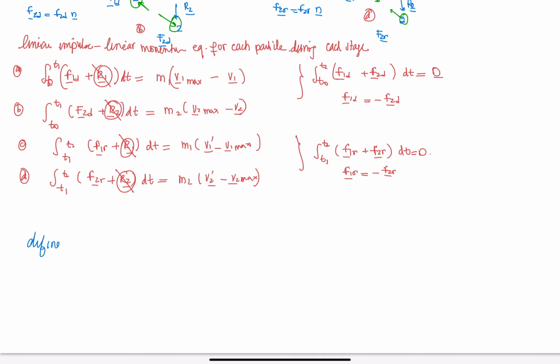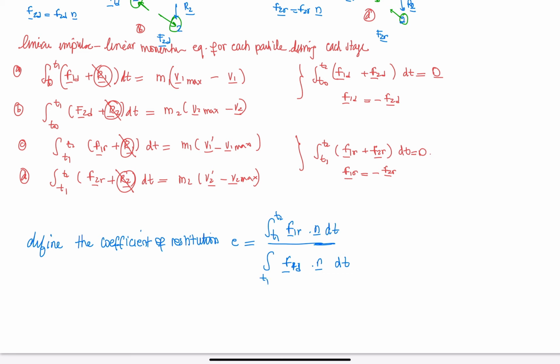Define a quantity, a scalar, the coefficient of restitution, E. E is equal to the integral from T1 to T2 of F1r dot n dt over the integral of F1d dot n dt from T1 to T2.